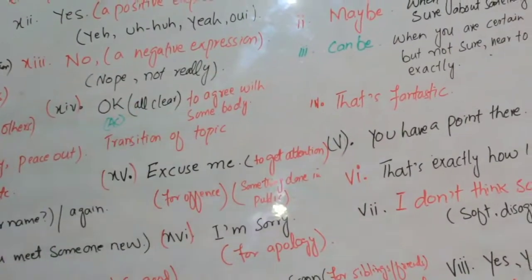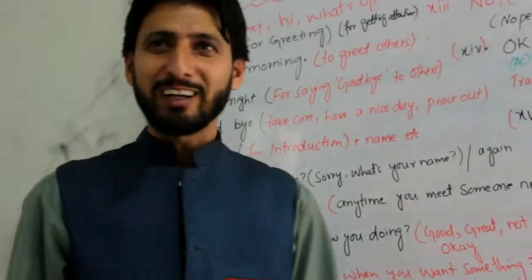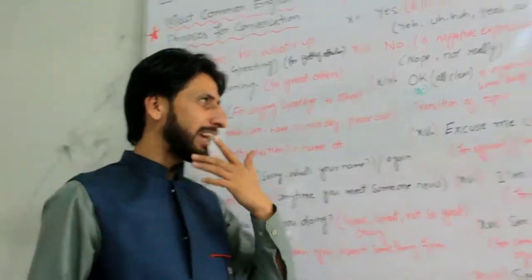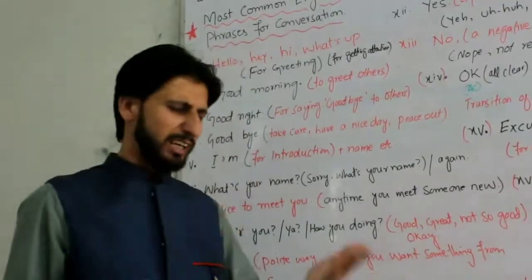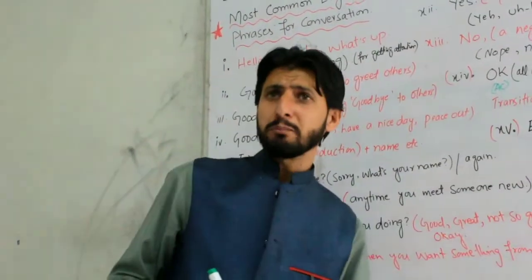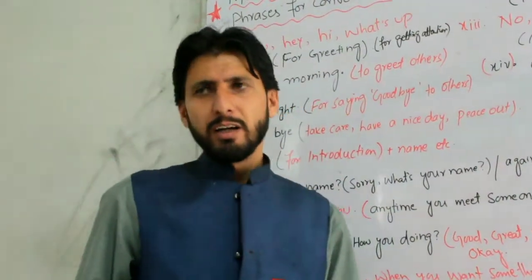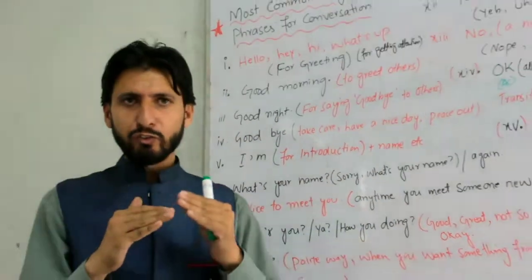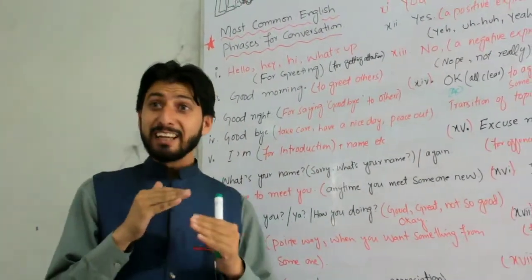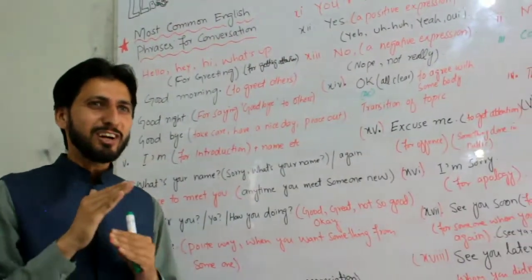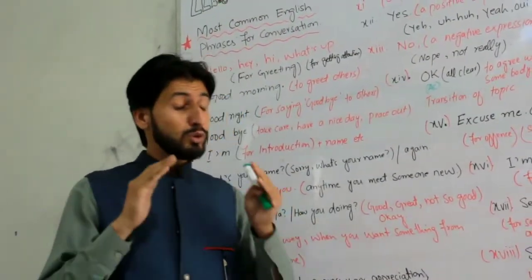It should be AC, but natives convert it into okay. Okay is actually used to agree with somebody, if we agree at a specific point with someone, or it is a soft way of disagreement.